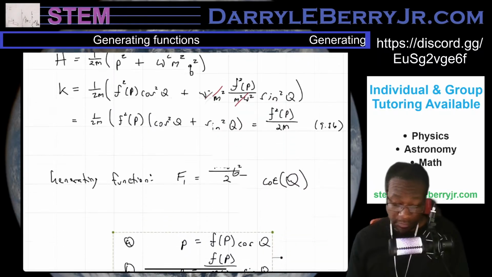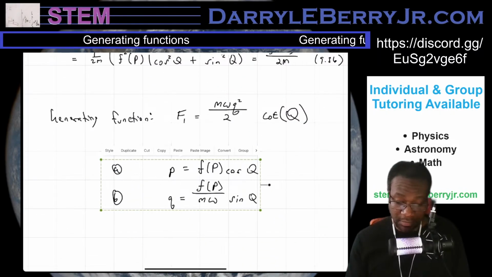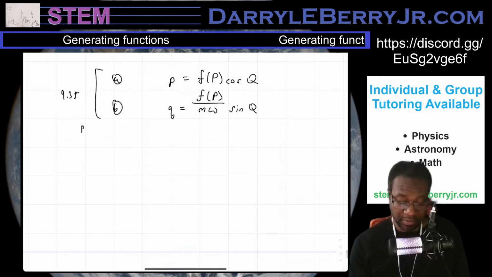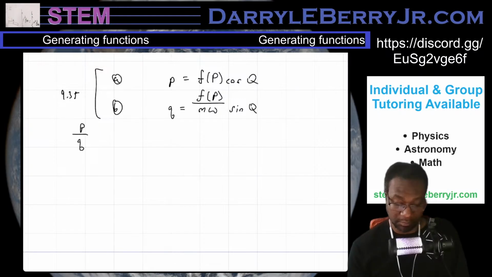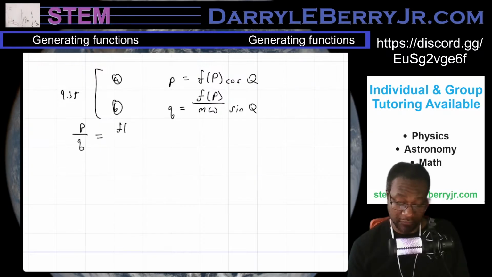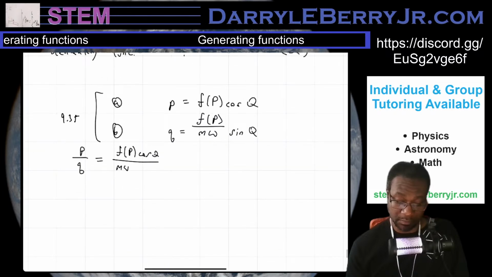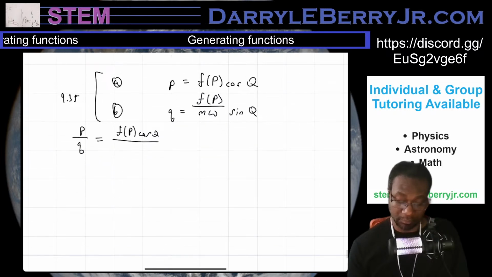If I divide p by q, that equals fp cosine q divided by m omega, fp over m omega sine q.